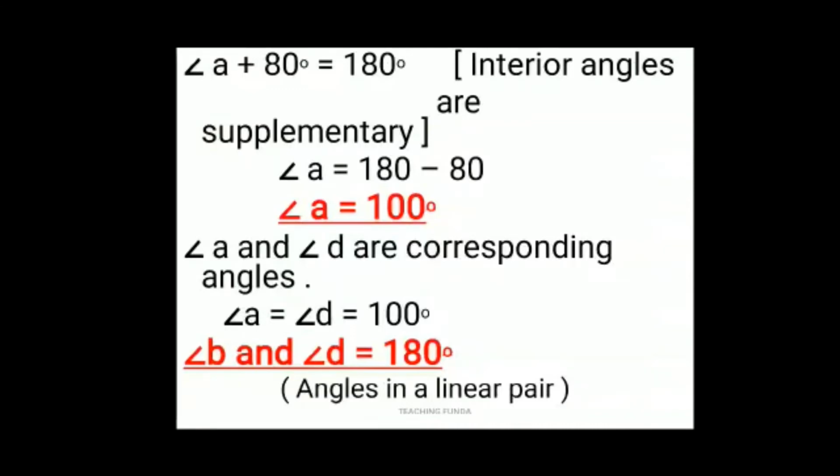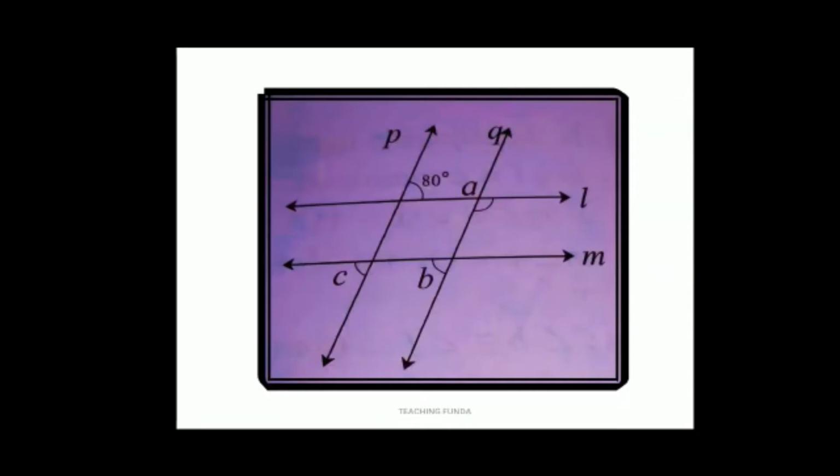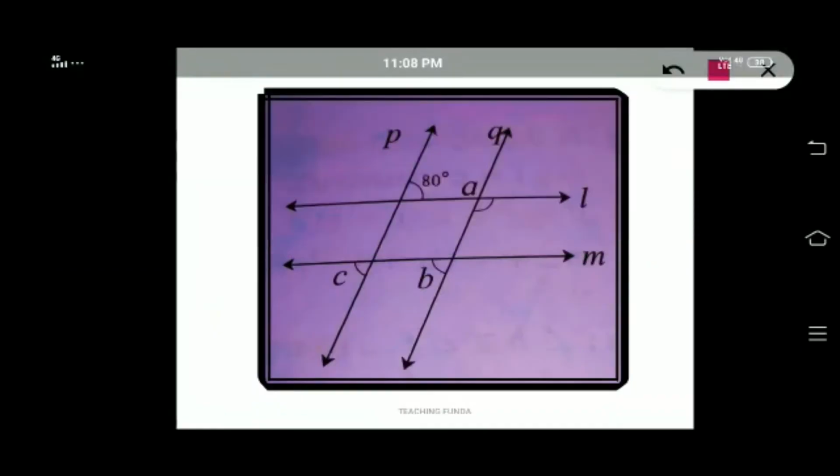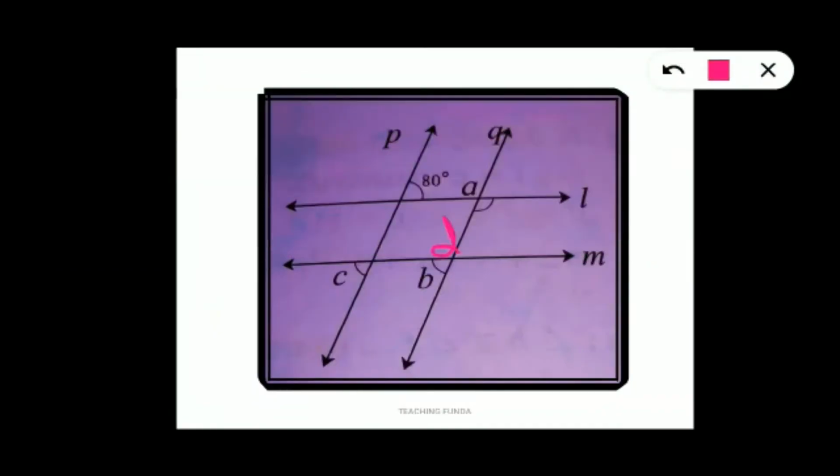Now see students, angle D and angle B are a linear pair. Okay student, listen. Here the angle is D, and this angle D and this angle B are linear pair angles. Linear pair angle measurement is 180 degree.